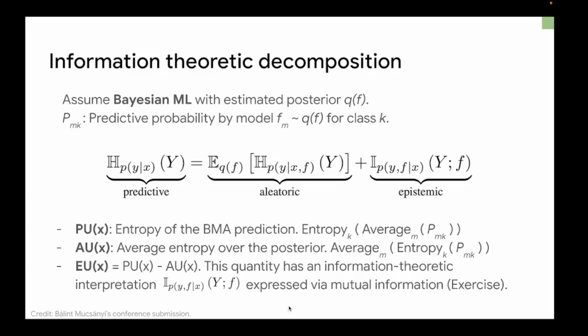To clarify the information theoretic interpretation of this quantity, I think that's one of the exercise questions. So also take a look at that question in the exercise and try to explain what this is. But this is one nice theoretic fact. Okay. No questions so far?